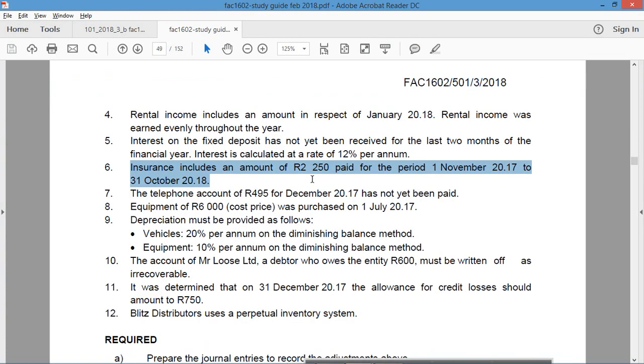Let's see what you get, and then I'll do the working. 2250. I want to know what the adjusting amount is. Insurance includes an amount of 2250, and this would definitely carry a mark because it's a calculation. It's prepaid expense, so won't you have to minus that from the amount? We've done all the accounting bit, I just want to know what the amount is. How much do I subtract? 2250. No.